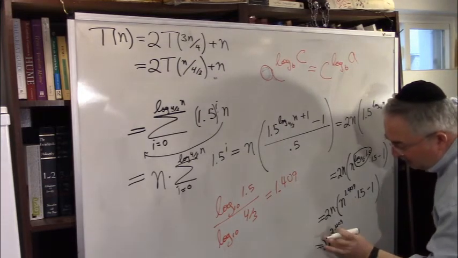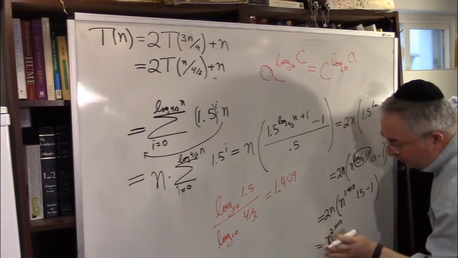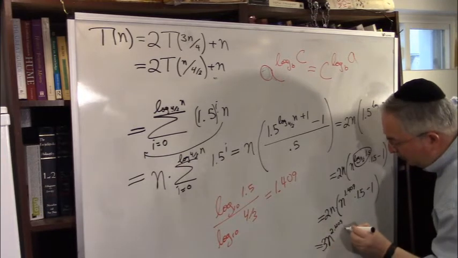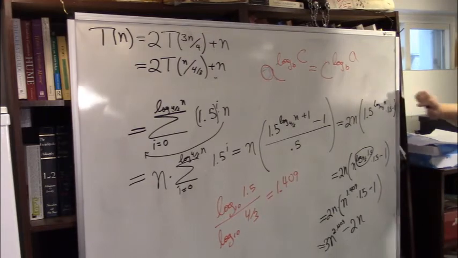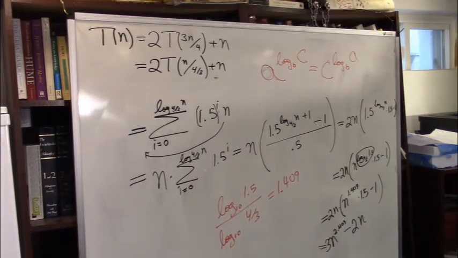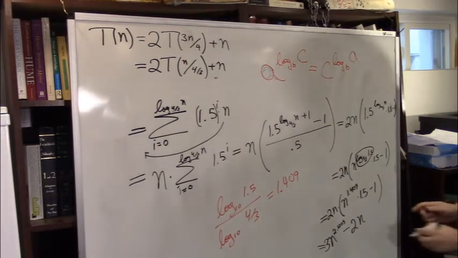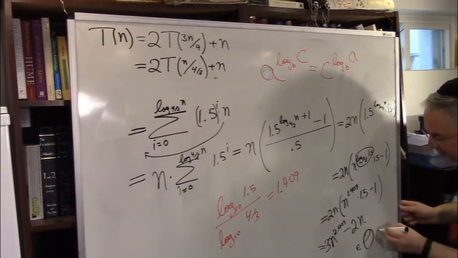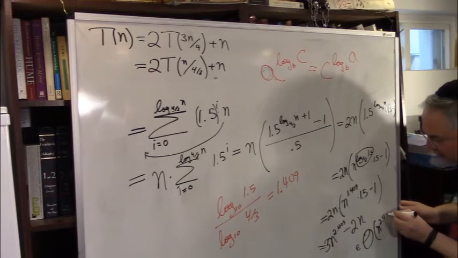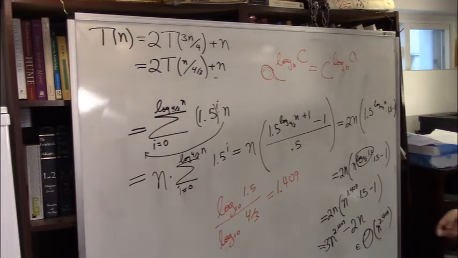That's just another way of saying 3. Okay, and this is a member of theta of n to the 2.409. And we're finished.